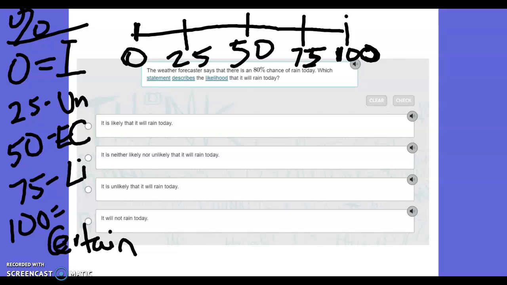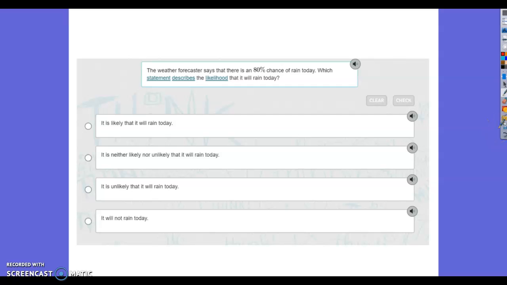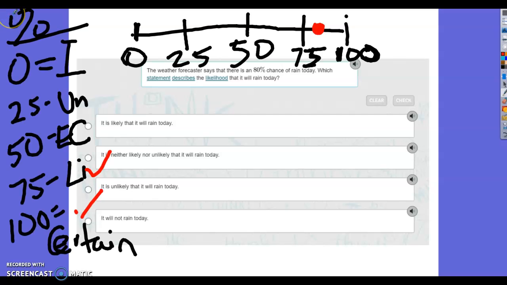I'm going to say that probably 80%, and I'll change the color here, falls somewhere in there. So it's between, at this point, likely and certain. So how would I describe that? Let's go back and fill this in.